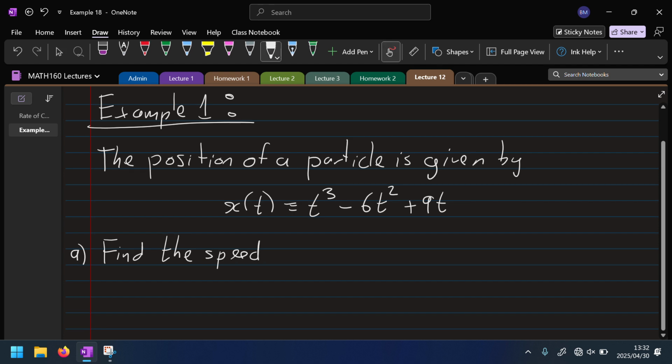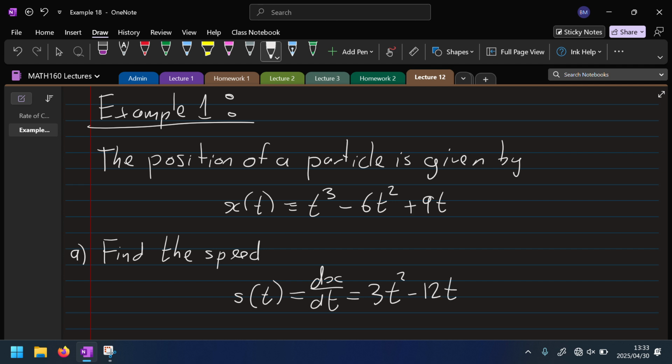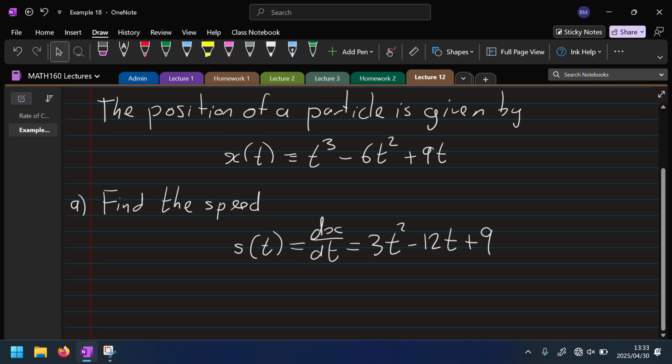So the speed, let's say s for speed, is the rate of change of position, so we want dx by dt. That's going to be 3t squared minus 12t plus 9. Okay, so that's the speed. You give me a time, I can tell you what the speed of the particle is.